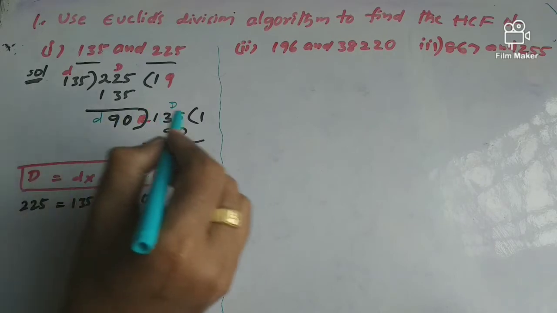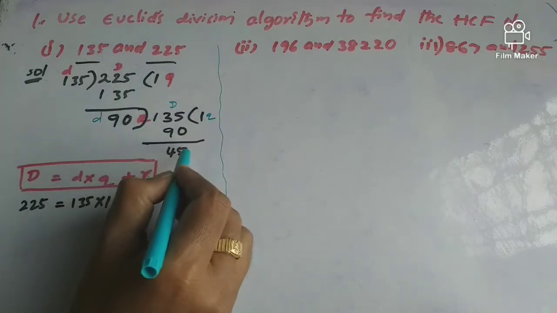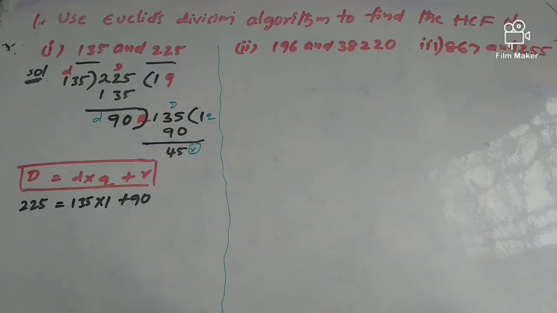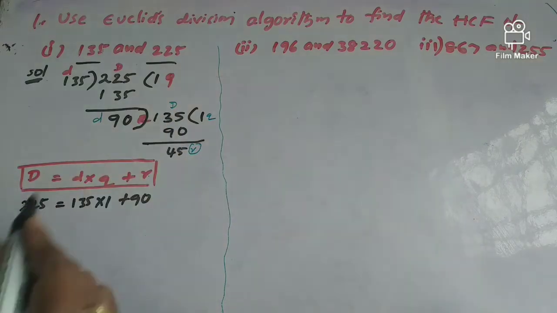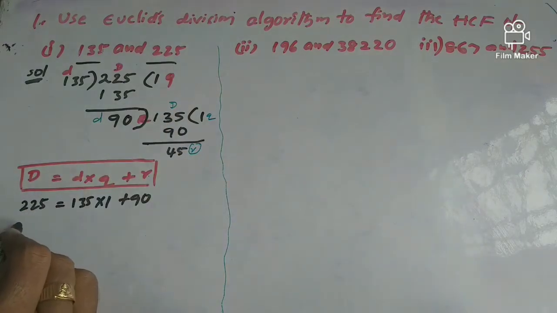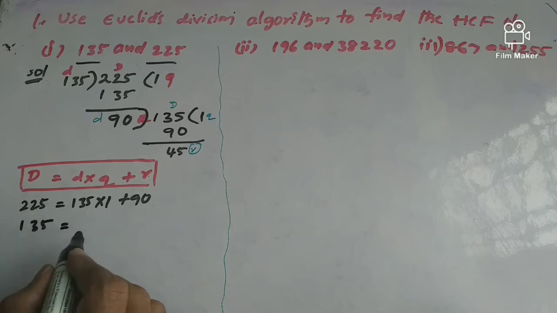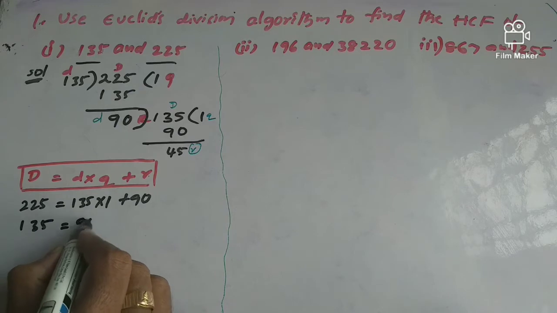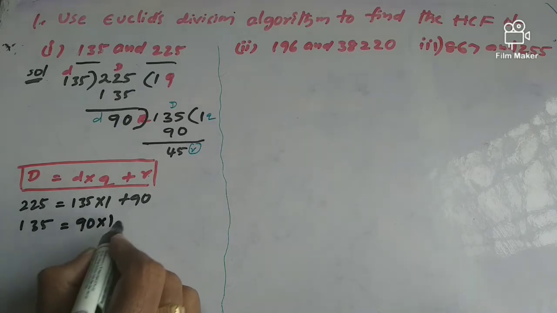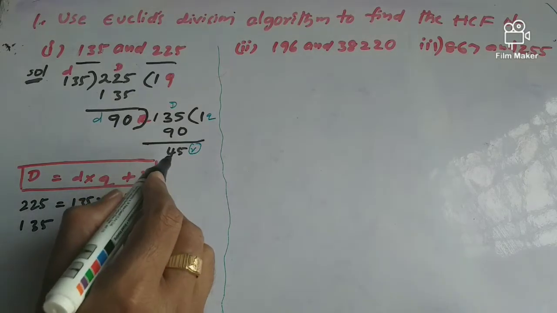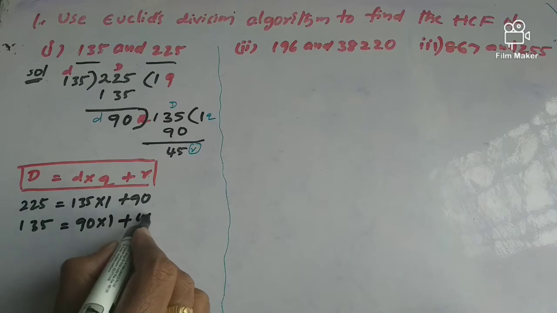This is the divisor, this is the quotient, this is the remainder. Clear? Now I am writing dividend is equal to: in the second step 135 is the dividend, that is equal to 90 as the divisor into quotient 1 plus remainder 45.